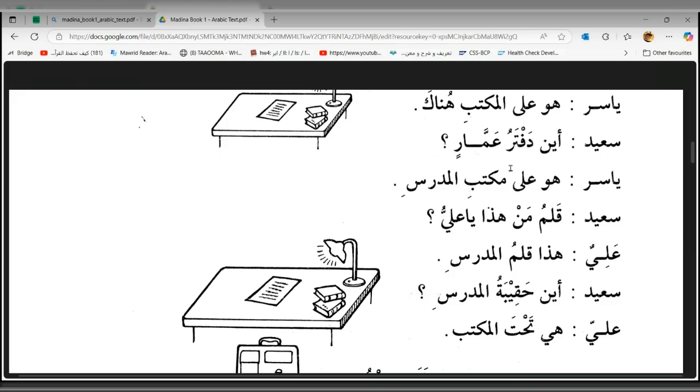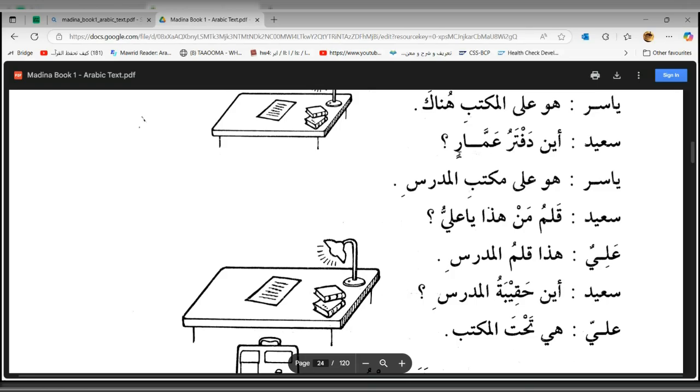Mudaf. Mudaf is the possessed item, the item that's possessed, and mudaf ilayhi is the possessor, the owner. Mudaf comes first. Mudaf ilayhi, which is the owner, comes after.